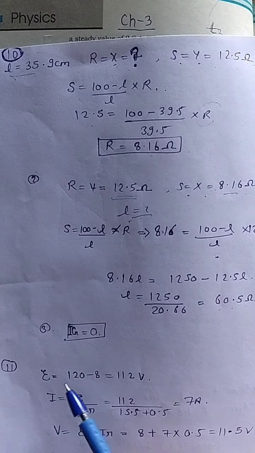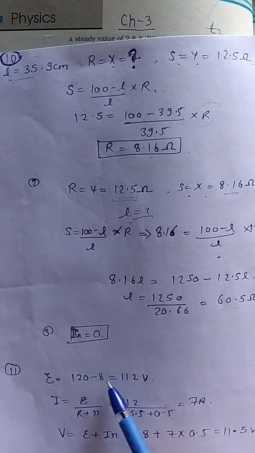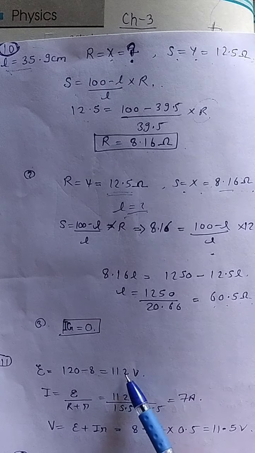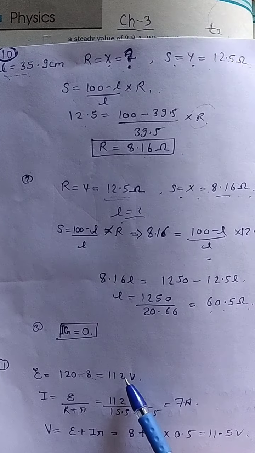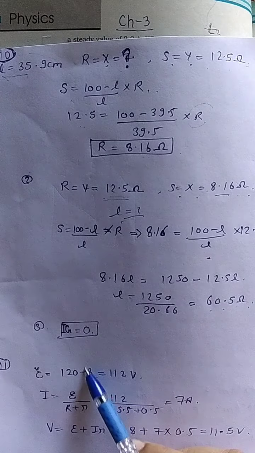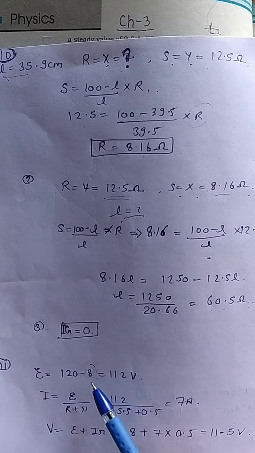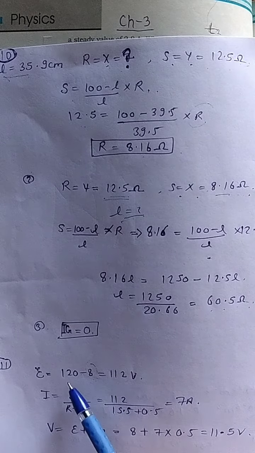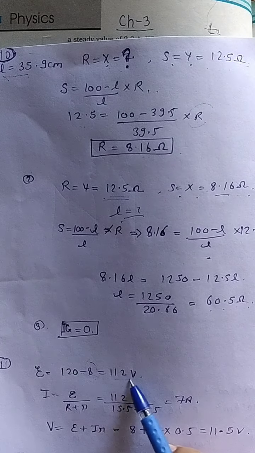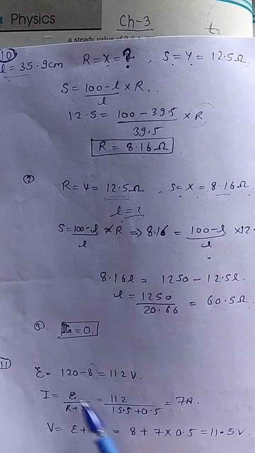The net EMF in this question is 120 minus 8, that is equal to 112 volt. Why do we do this? Because 8 is the initial EMF that is given, so the net EMF will remain 112 volt only.